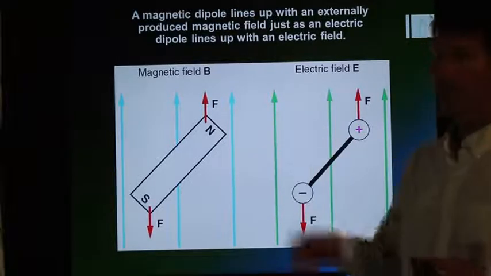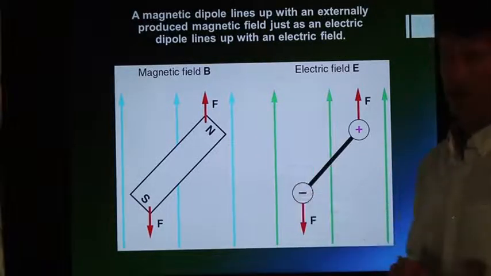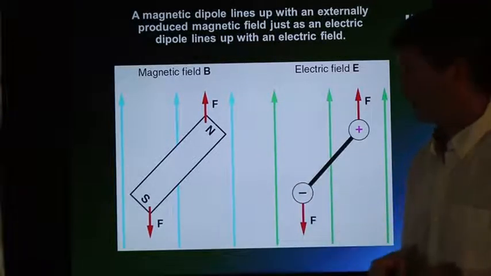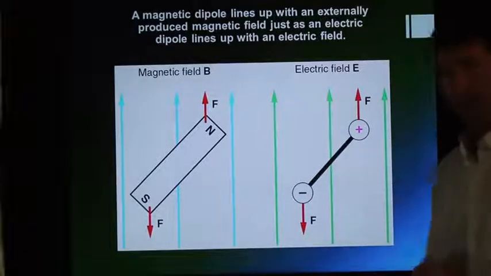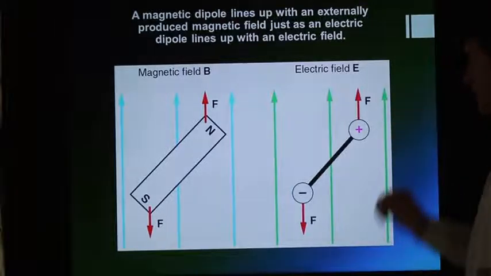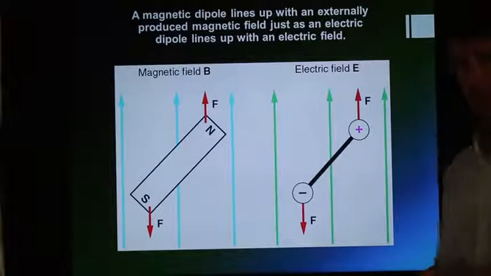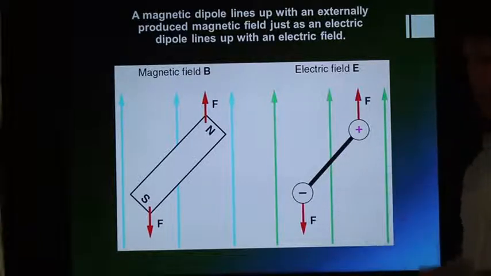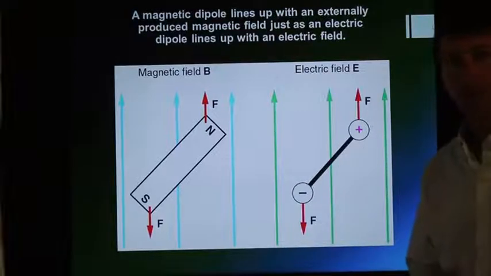The north pole and south pole are being pulled with equal and opposite forces, but they're not entirely aligned, and this creates a torque. This is exactly the same thing that happens when we have an electric dipole placed in an electric field. The positive charge will be pulled in the direction of the field, whereas the negative charge will be pulled in the opposite direction, and this will create a torque, causing the dipole to try to align itself with the field.